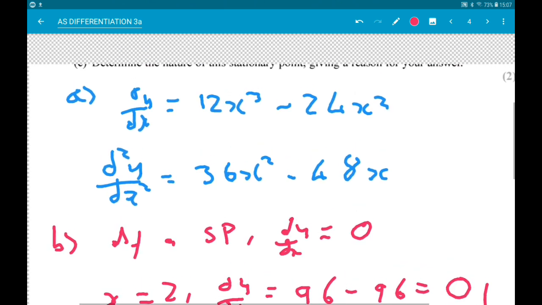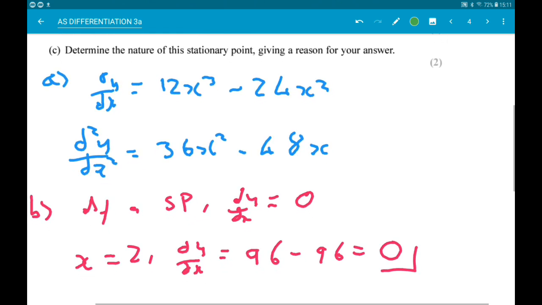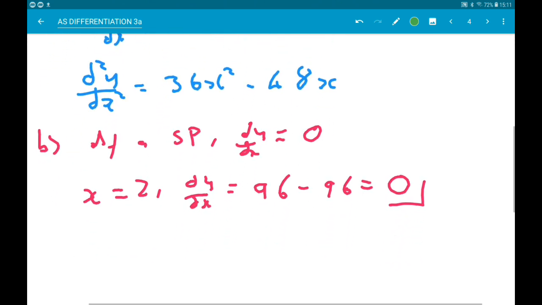And then the final part again wants us to determine the nature of the stationary point, giving reason for our answer. So, let x equals 2 into the second derivative.